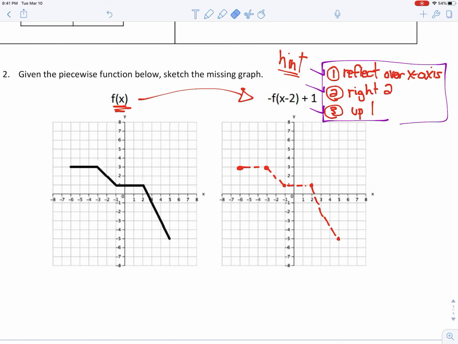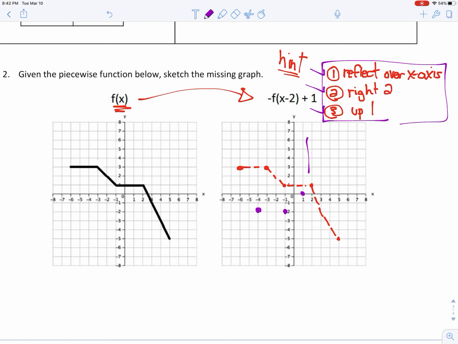There's a big point. I'm going to erase my work here. Oh no! Each one also goes reflect over x, right 2, up 1. Reflect over x, right 2, up 1.